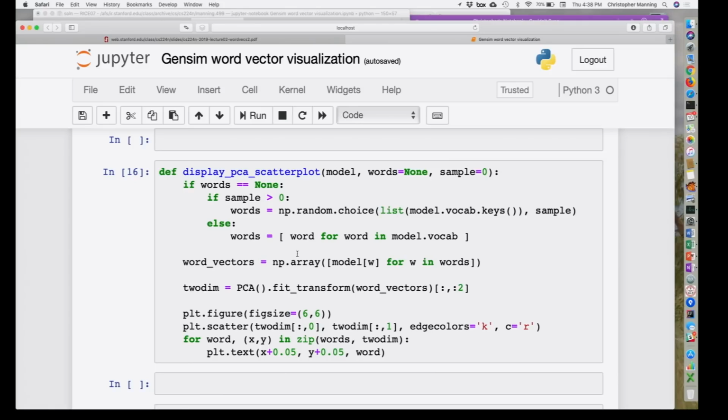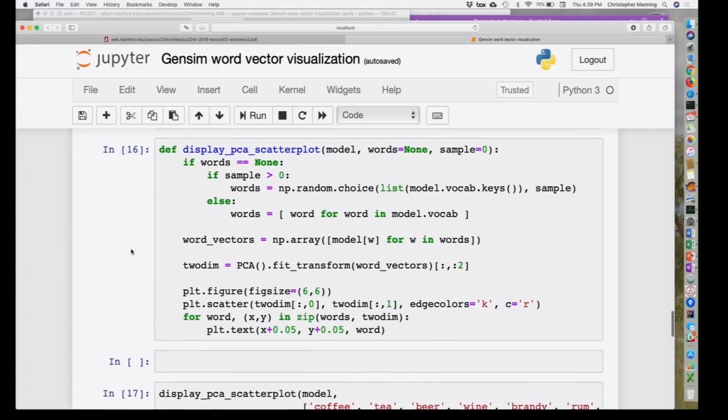So when things end up close together, they might be really close together in the original space, or they might just be words that got lost in the 2D projection because there are other patterns that were more dominant and were chosen as the first two principal components. So you don't want to over-trust these things, and if you like InfoVis, you might think about other ways to represent the distances more accurately.